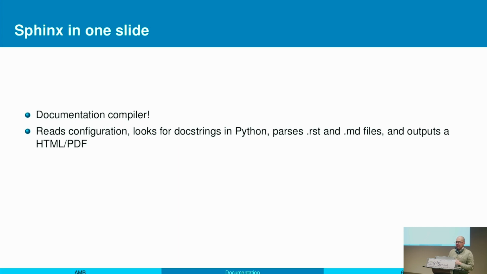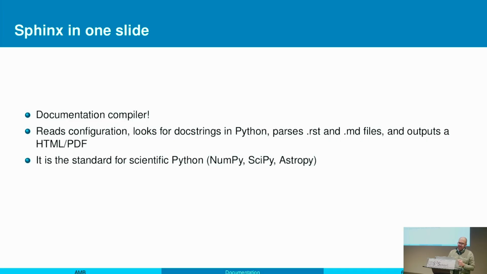It parses .rst, which are reStructuredText, and Markdown files, and outputs HTML or PDF, depending on what you want to get at the end. It's the standard for scientific Python, for instance, for NumPy, SciPy, AstroPy.